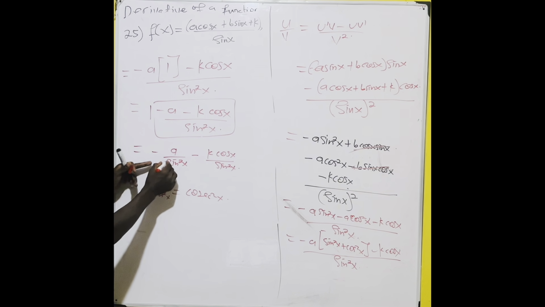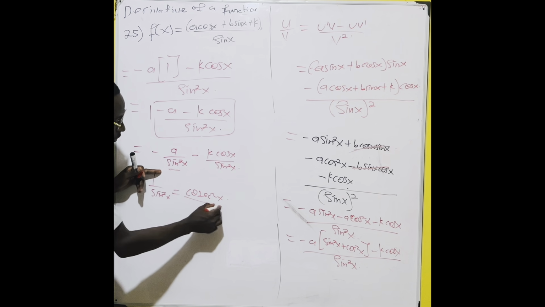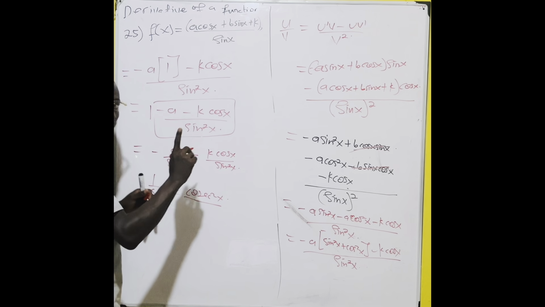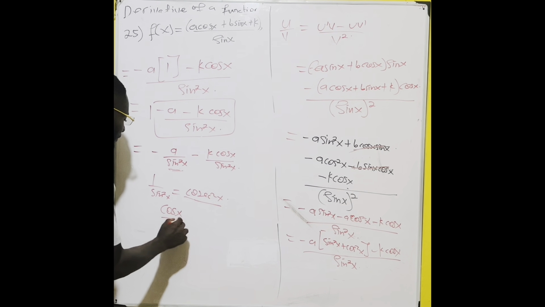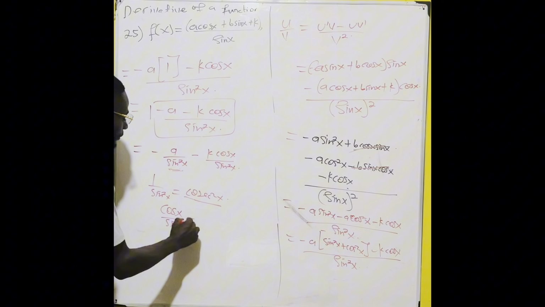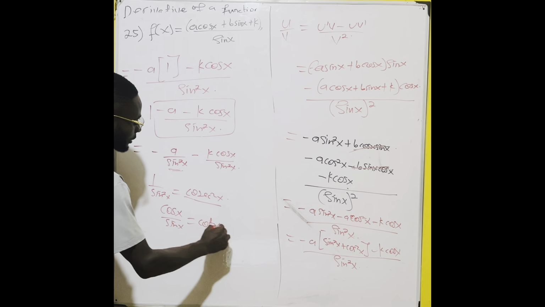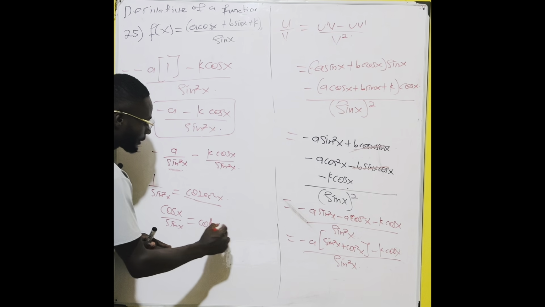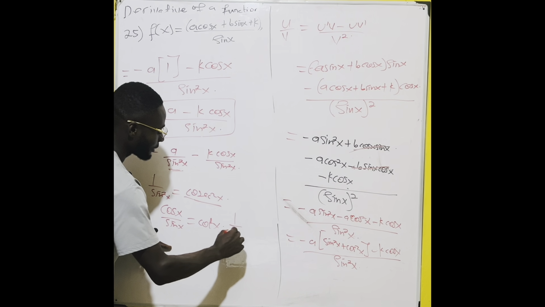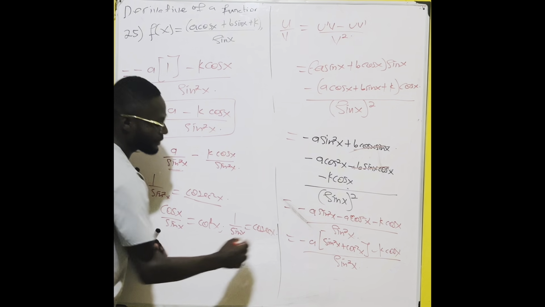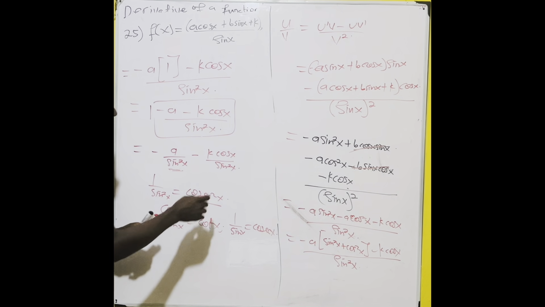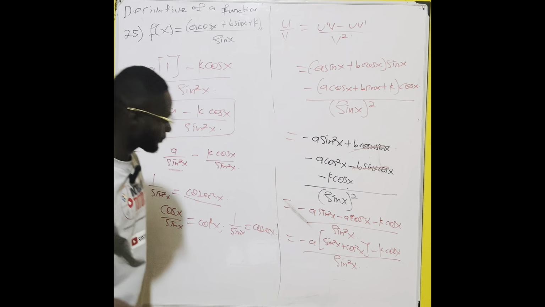So this here will replace this. And also remember that cos x over sine x is equal to cot x, right? And 1 over sine x is equal to cosec x. Okay, so we are going to do that substitution.